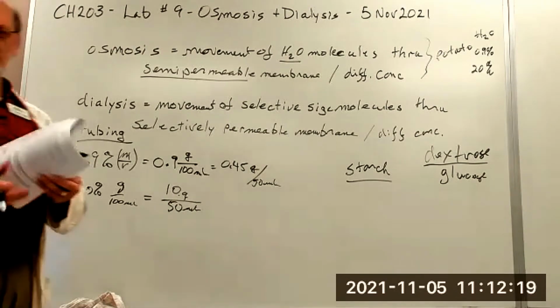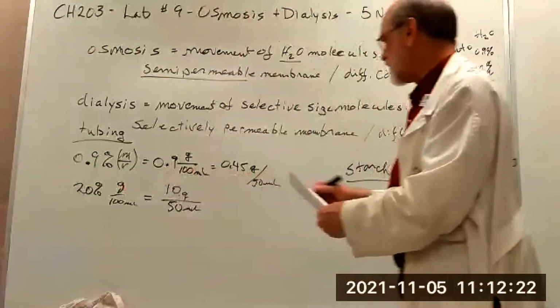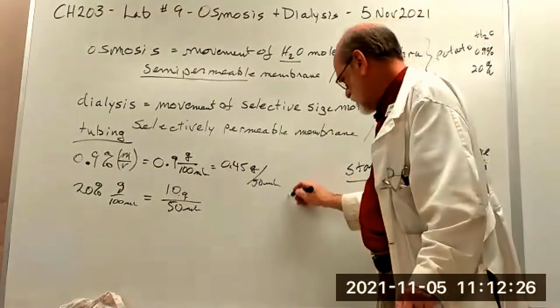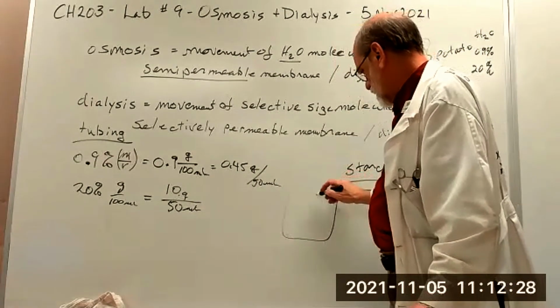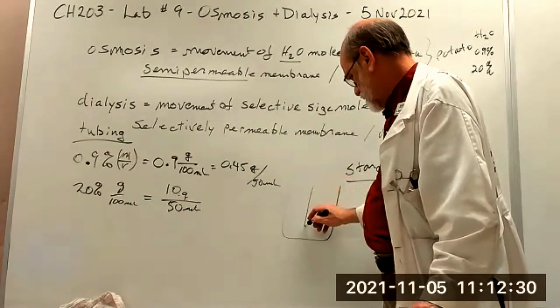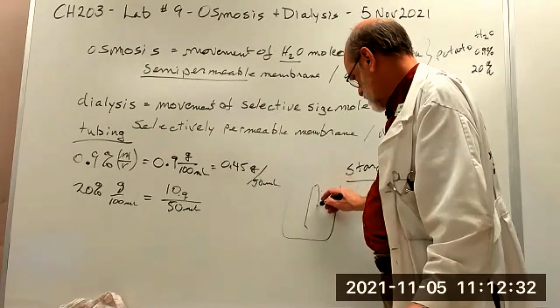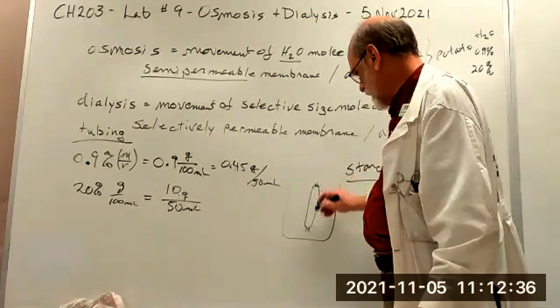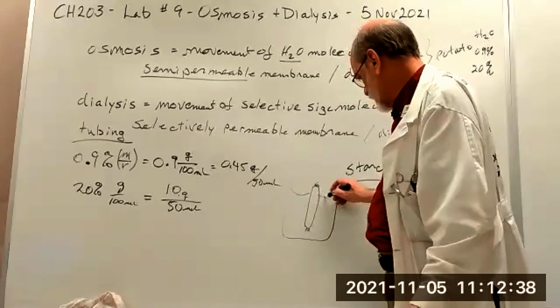Oh, they're using a word in here. I just noticed this. They're using a word that we haven't talked about. So when you put your tube in here, it's tied off there and it's tied off here, and it's in this solution.